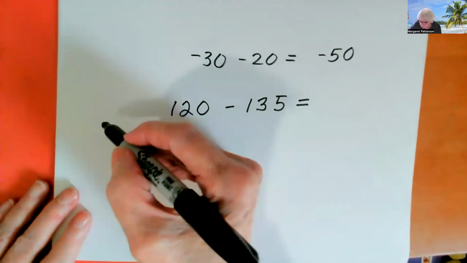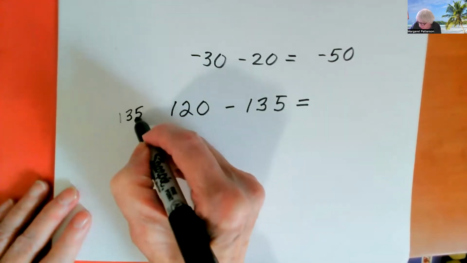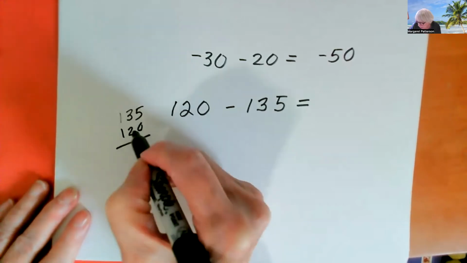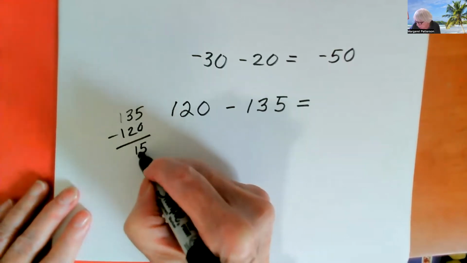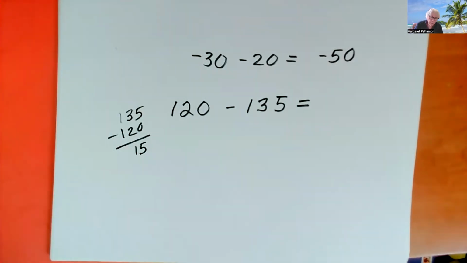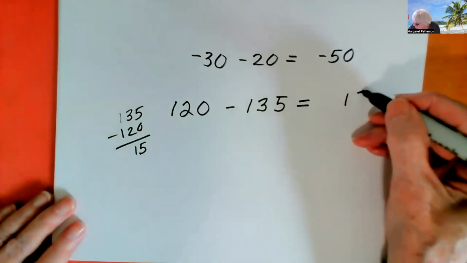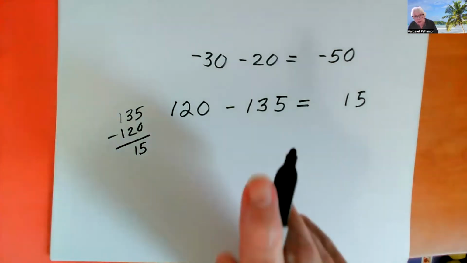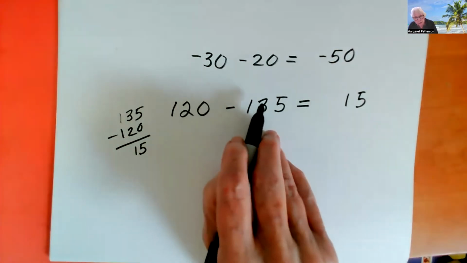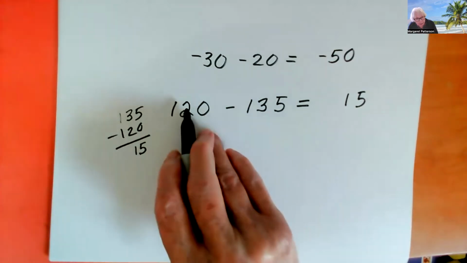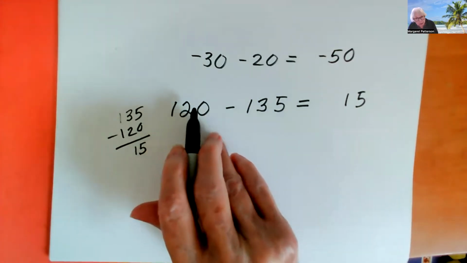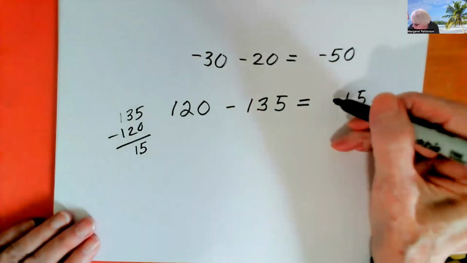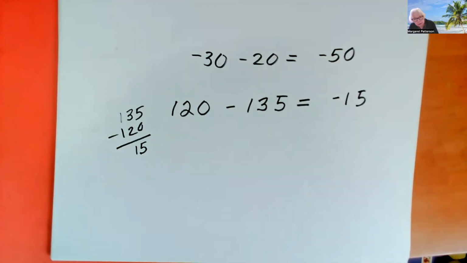You take the two numbers the way they sit, absolute value, put the larger number on top, and when you subtract, I'm getting 15. 135 take away 120 is 15. So the number part of the answer is 15, but is it positive 15? Unfortunately not, because the subtracting part is bigger than the adding part. This was plus, this was minus, and so it's definitely minus.